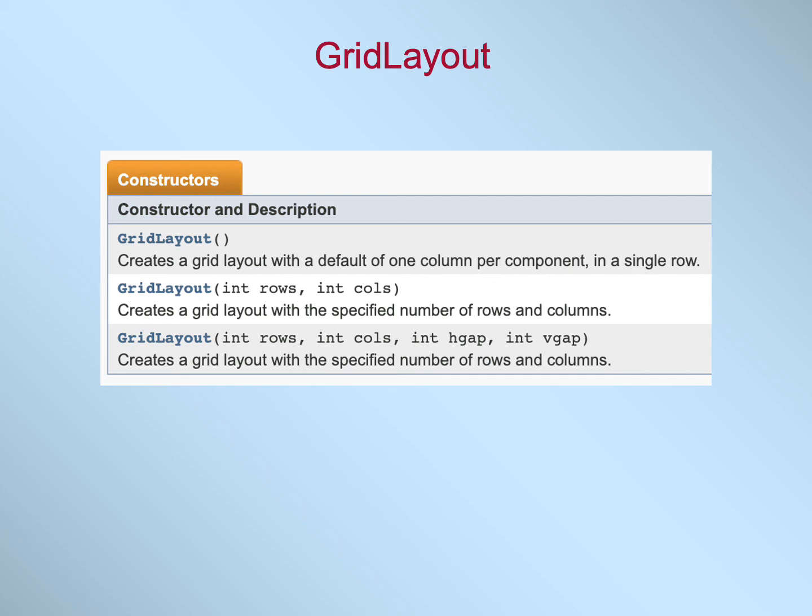The second constructor, GridLayout int rows, int columns, creates a grid layout with the specified number of rows and columns. The third one is GridLayout int rows, int columns, int horizontal gap, int vertical gap. It creates a grid layout with the specified number of rows and columns and also the horizontal and vertical gap between the components.